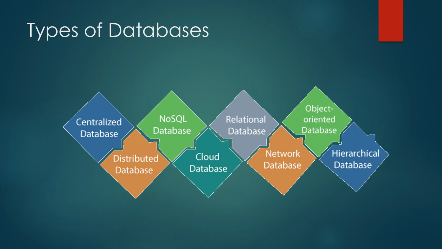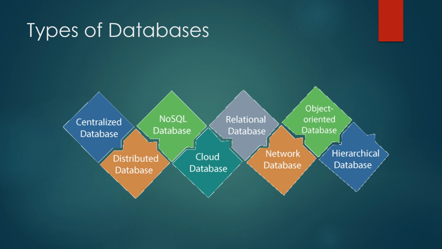Then there are non-relational databases, commonly referred to as NoSQL databases, and some examples would be MongoDB or Redis. And then there are object-oriented databases, where data is organized into objects, which are self-contained entities that contain both data and the methods that operate on that data.